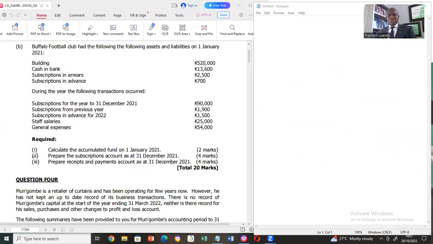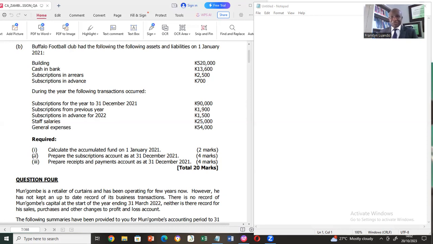So here, subscriptions in arrears at the beginning, it is an asset. Subscriptions in advance at the beginning, it's a liability. During the year the following transactions occurred. Subscriptions for the year to 31st December 2021, 90. Subscription from previous year, 19. Subscriptions in advance, 15. Staff salary, general expenses.